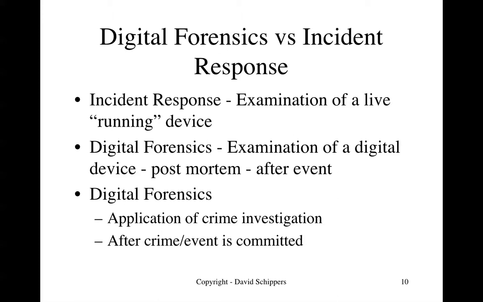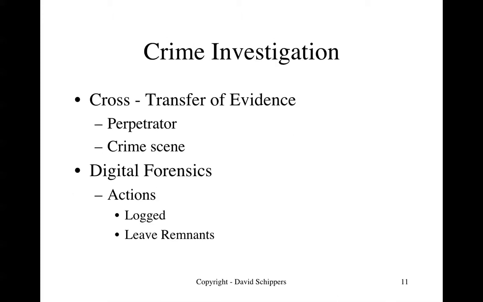Now, with that in mind, digital forensics is application of crime investigation, and it is after a crime or event is committed. Now, with crime investigation, as you look at even in the physical forensic space, there is a cross-transfer of evidence.